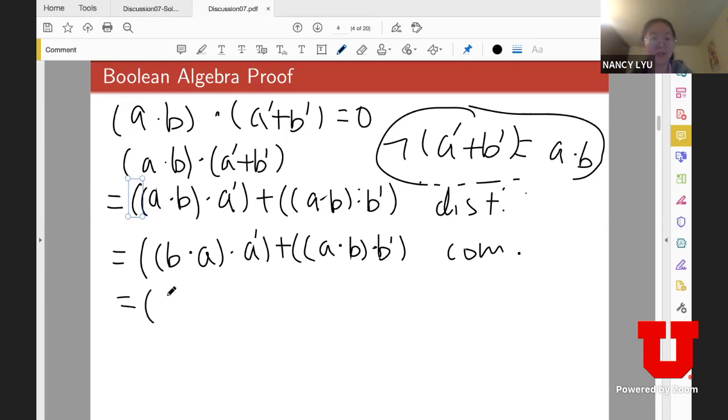And then similarly, we can use the associative law, and then we have B times A times... Yes, that is correct.